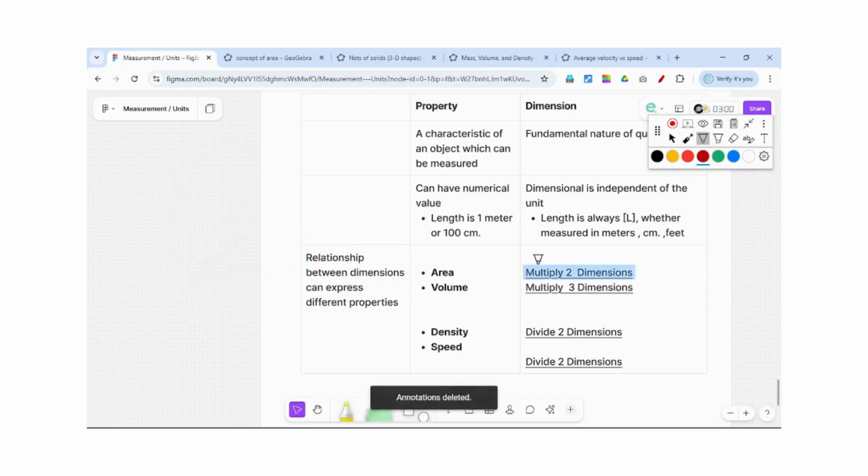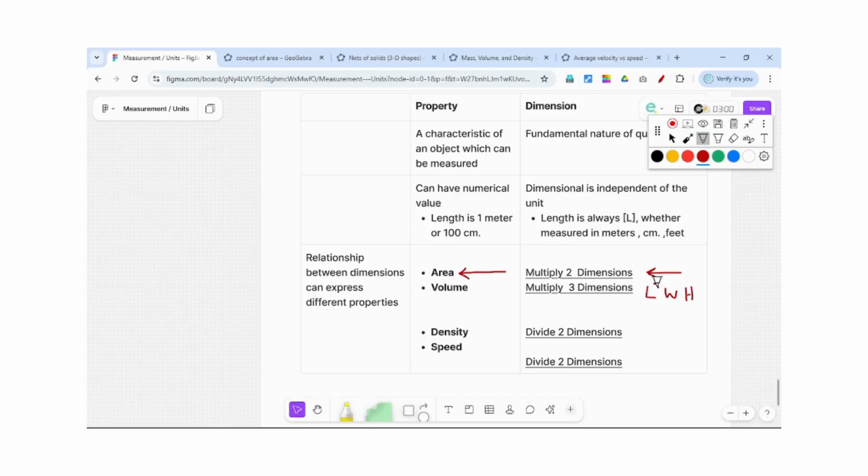So when we multiply two dimensions, length and width, we are able to define a property called area. When we are multiplying three dimensions, length, width and height, again the dimensions are basically length only. Width and height are also length in different directions.